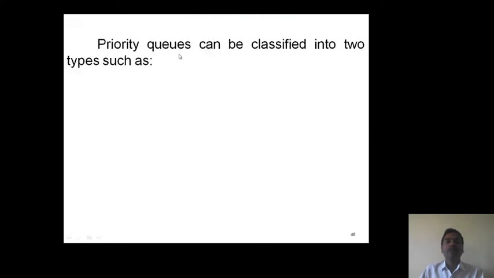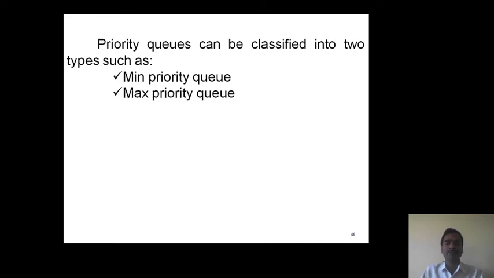Now, based on the priorities concept, the priority queue can be classified into two types: min priority queue and max priority queue. In a min priority queue, the minimum priority element is processed first before the maximum priority element.